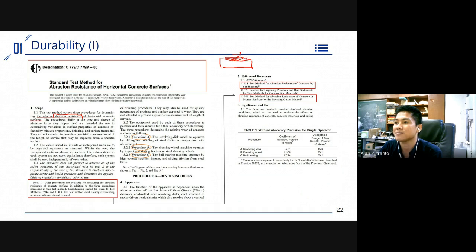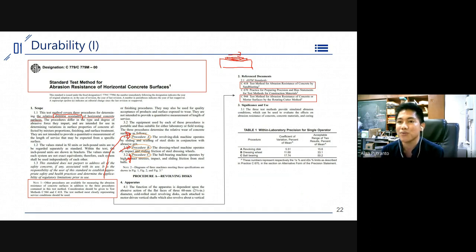For the testing method, we have three procedures: procedure A, procedure B, and procedure C. You can choose the most proper one that you want to do.